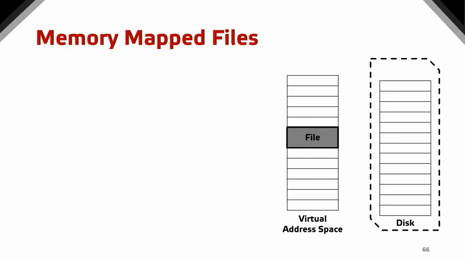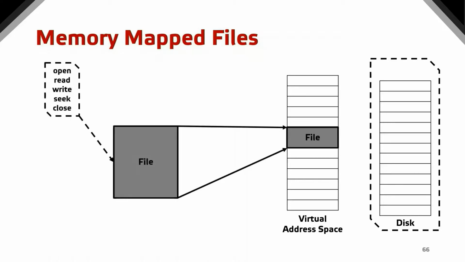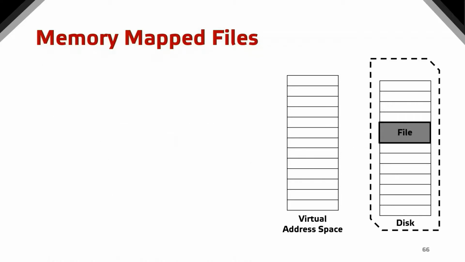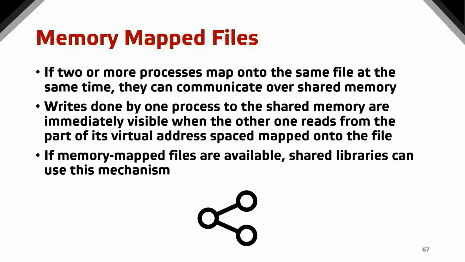As you can see in the example, a file initially stays on our disk. When we want to perform some operations with this file, we map it into the virtual address space, and then we perform the operations. As we finish, the information about the file is stored on the disk. If two or more processes map onto the same file at the same time, they can communicate over shared memory.